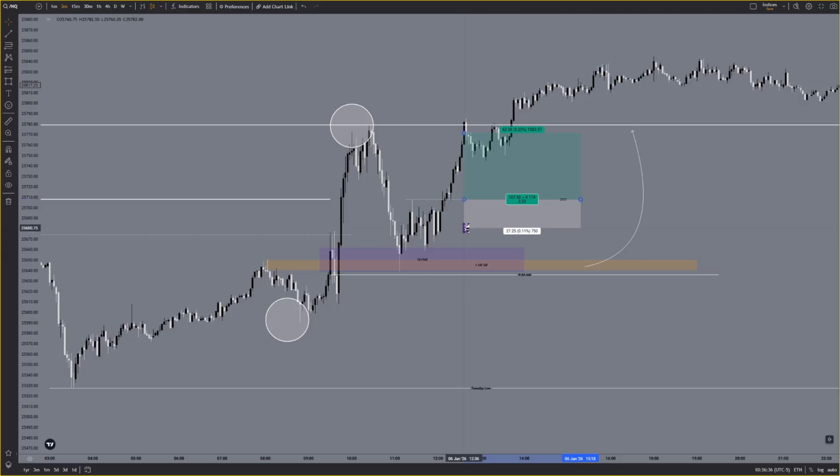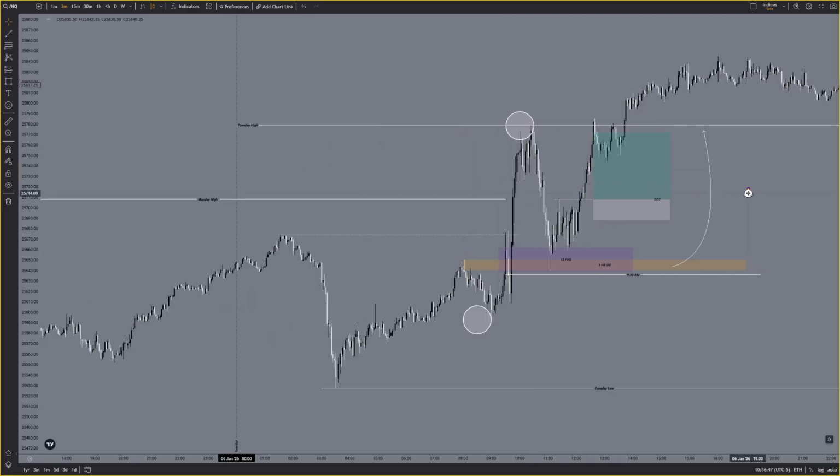So anything between about a 20 to 30 point stop, that's ideally how much I try to risk. But I don't want to risk anything more than about 20 points.